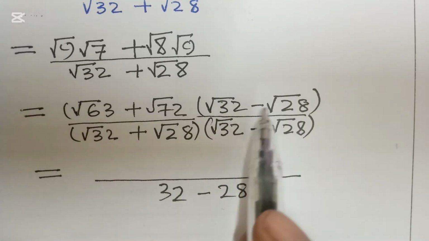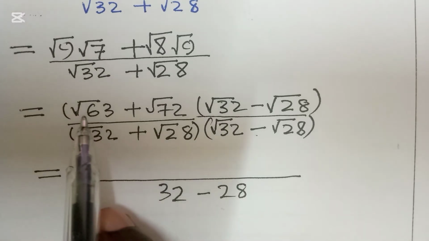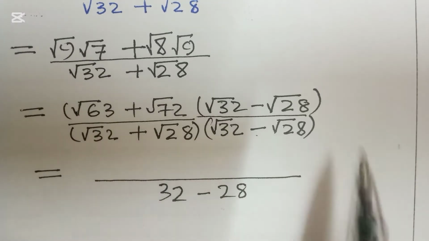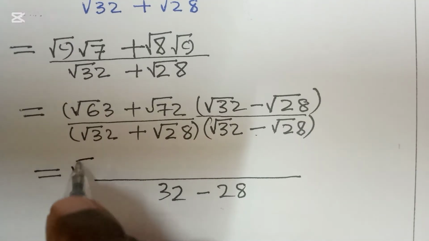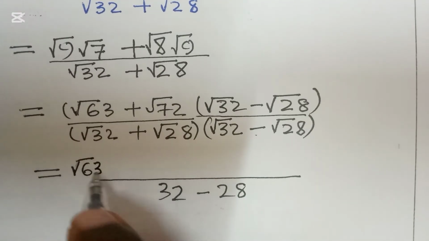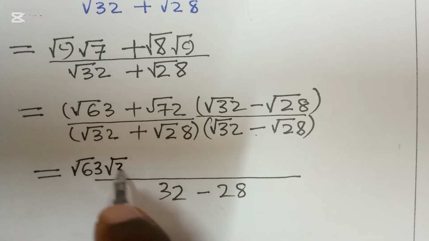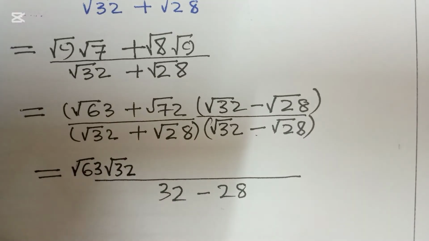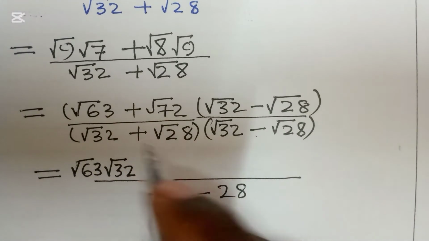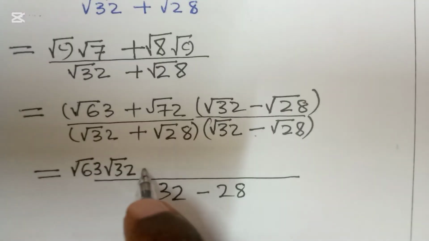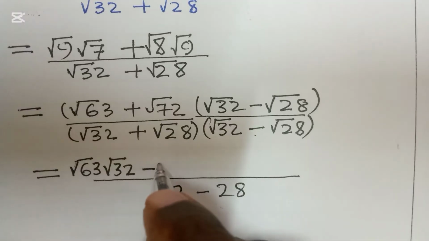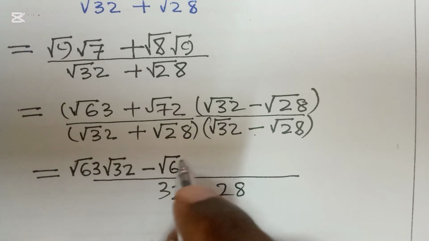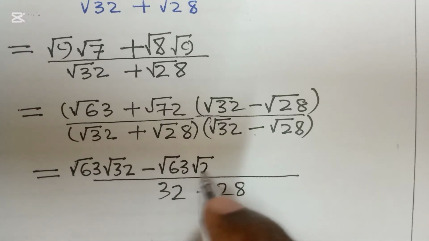Guys, now we come to the upper expression where we multiply square root of 63 by square root of 32. Can write it here: square root of 63 multiplied by square root of 32, plus, this is now minus, square root of 63 multiplied by square root of 28.